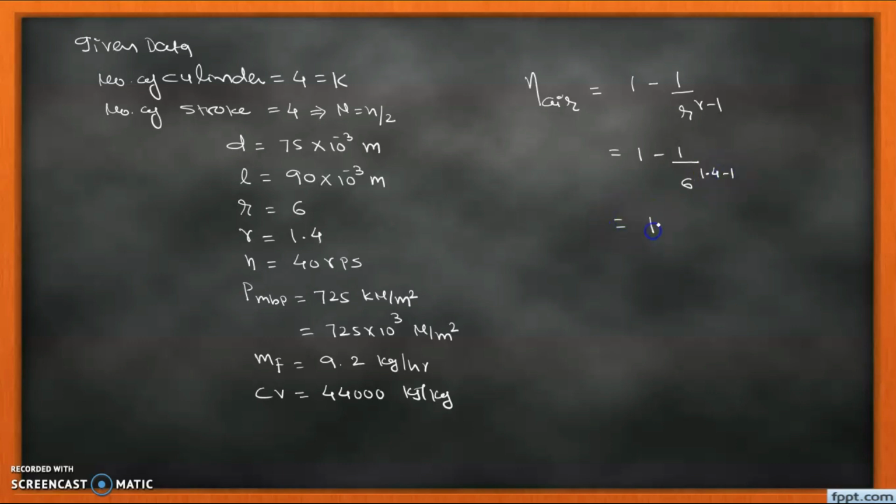So we get 1 minus 1 upon 6 to the power 0.4, and our answer is 0.5116, or we can write it as 51.16%.